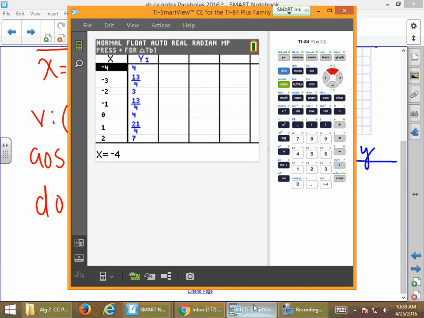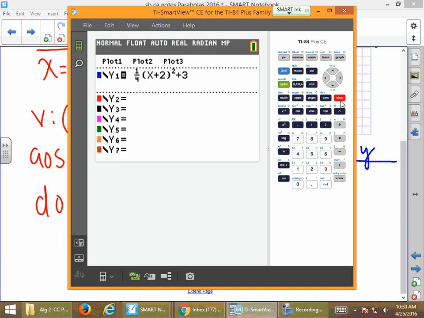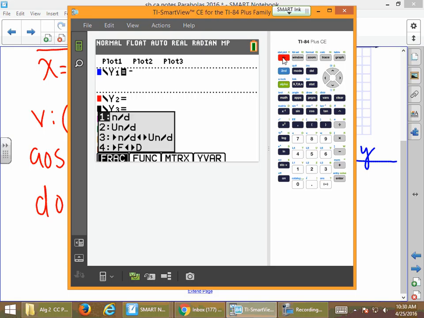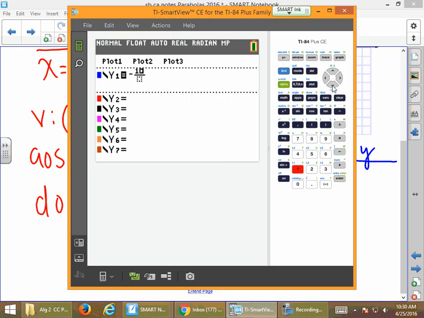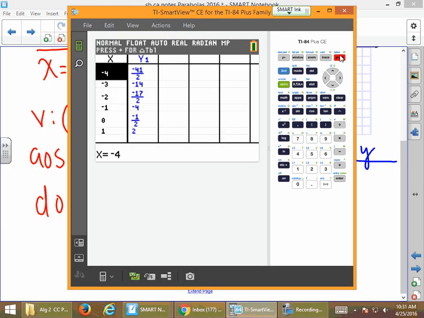As we go to our calculator and go back to y equals, we type in -1/2 times x minus 3 squared plus 4, and I don't look at the picture because it's not the picture.